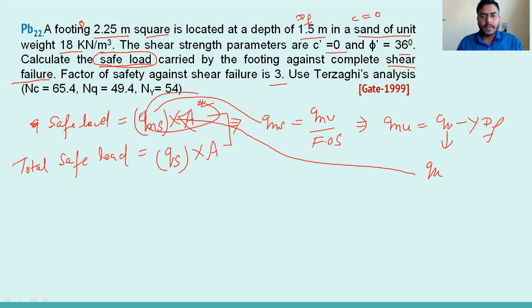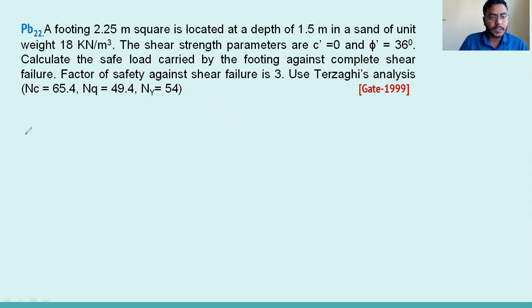Let's calculate the ultimate bearing capacity. Write the general expression for a square footing: QU equals 1.3 C Nc plus gamma DF Nq plus 0.4 gamma B N gamma, right?